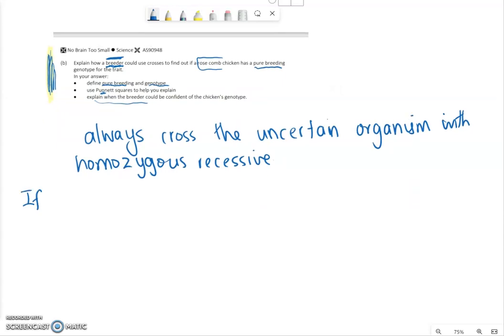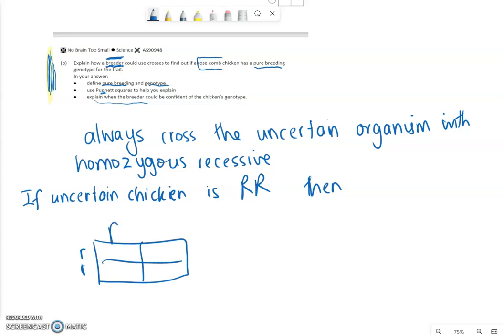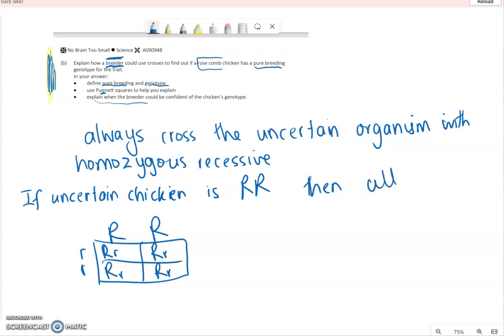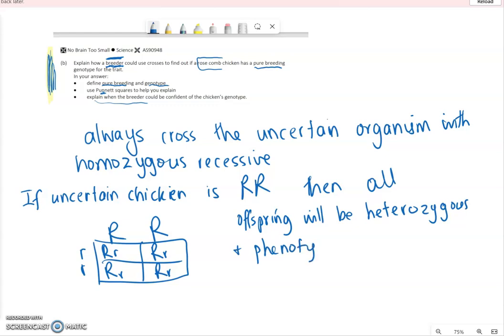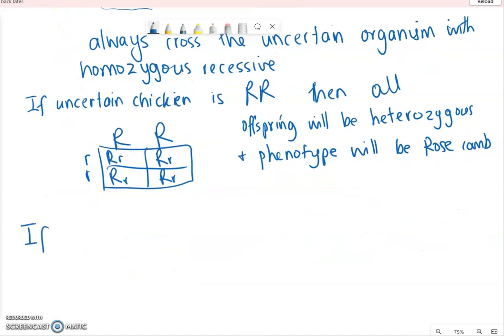So if the uncertain chicken is homozygous dominant, then we're going to have little r, big R, big R. All offspring will be heterozygous, and what will the phenotype be that they will show? And the phenotype will be rose comb.